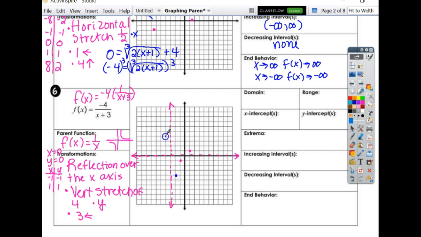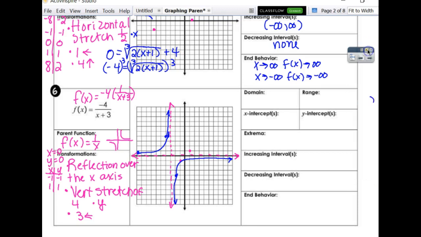So right here is my point. So after I draw this, this is going to go towards the asymptote, right? We're going to hug the asymptote. So we have to fill in the rest of the stuff now.